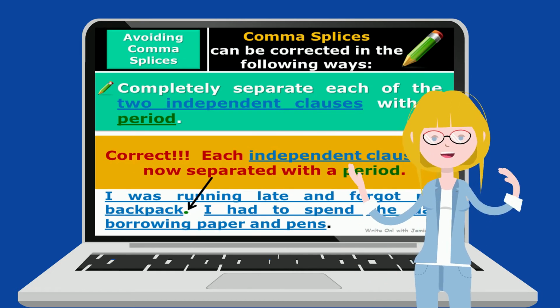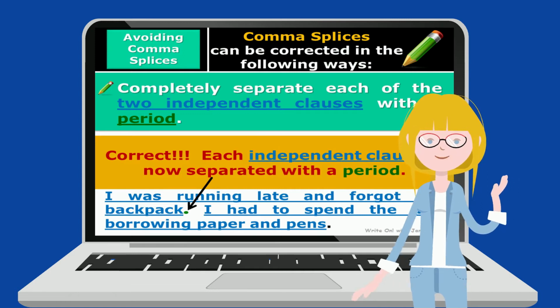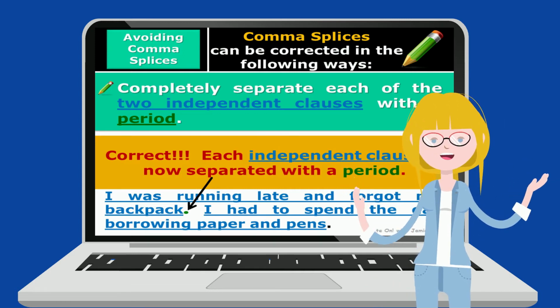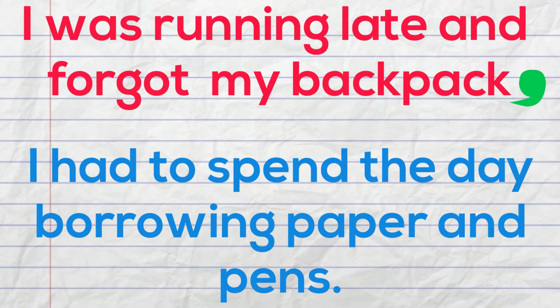The first method to correct a comma splice is by completely separating each of the two independent clauses with a period. Here we have the comma splice. I was running late and forgot my backpack, comma, I had to spend the day borrowing paper and pens.